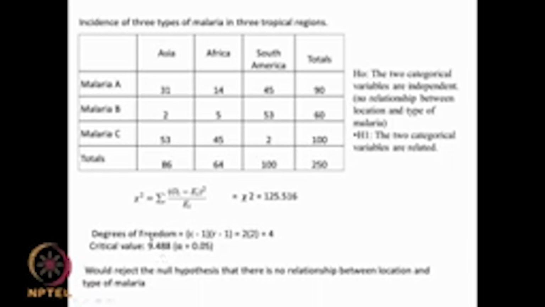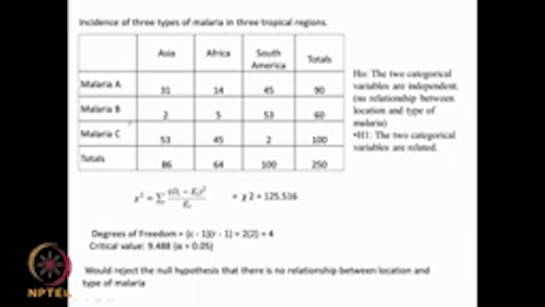So, when you do that, we will get the test statistic is 125.5, the table value is 9.488, okay. So, we can reject the null hypothesis. What is the null hypothesis? There is no relationship between the type of malaria and the continent location.